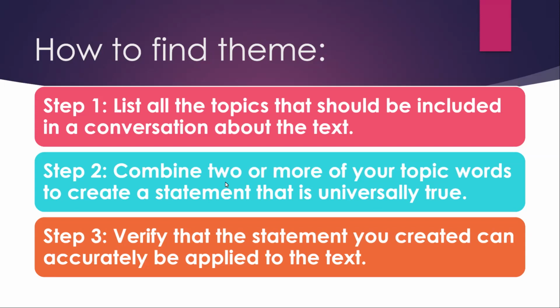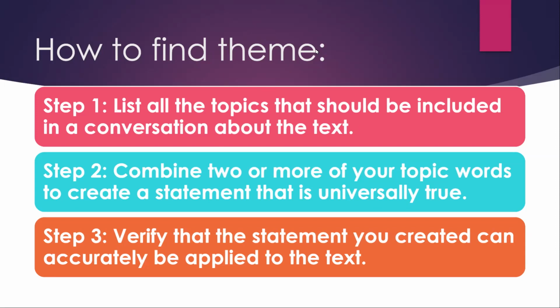Then start to just mess around with those words that you chose. Combine two or more of the words to try to create statements that are universally true about society, about the world around us, about people in general, right? And then go back and say, does this statement actually represent what this text is saying?